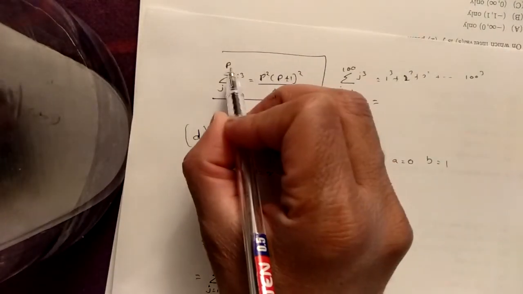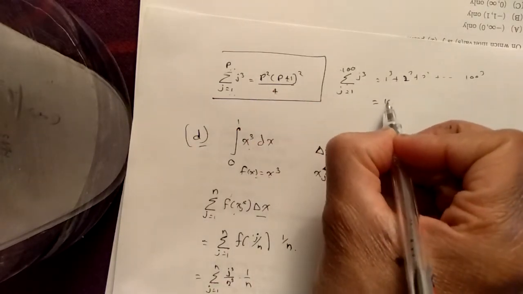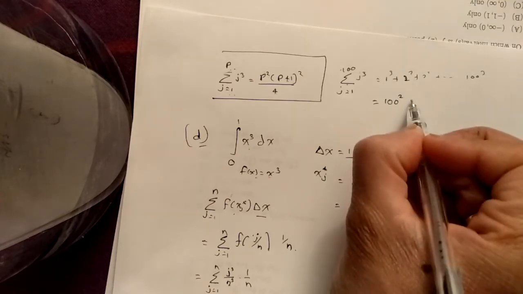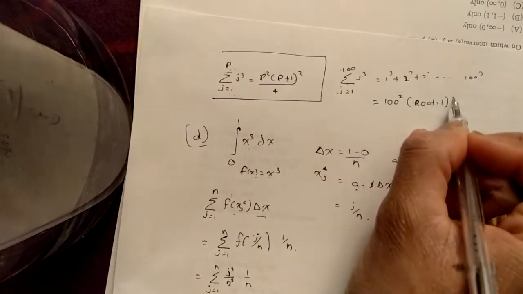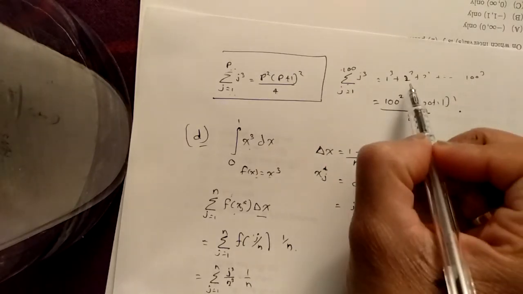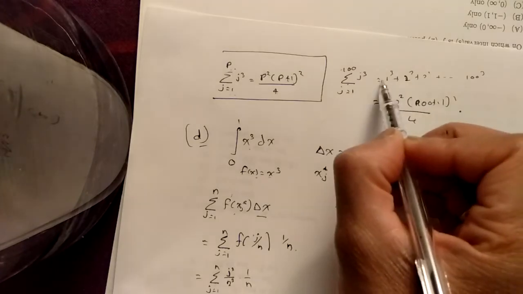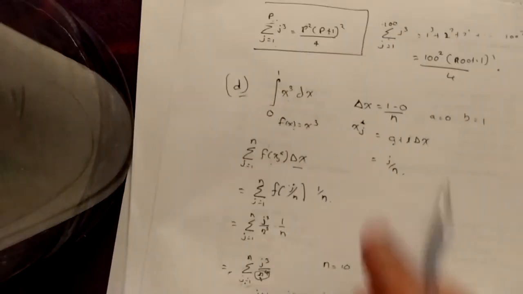Now see, in this case instead of p we have 100, and therefore we should have 100 squared times 100 plus 1 squared over 4. So this will be a number. That means this number is the same as adding up all these 100 terms, right?